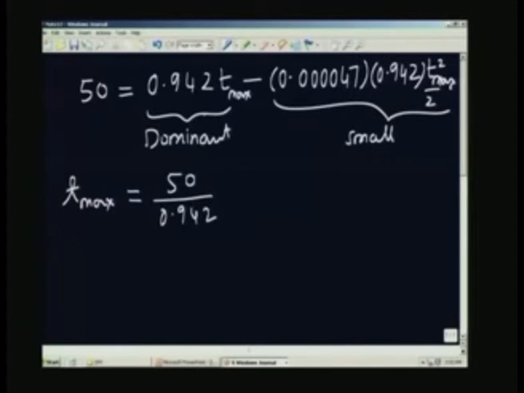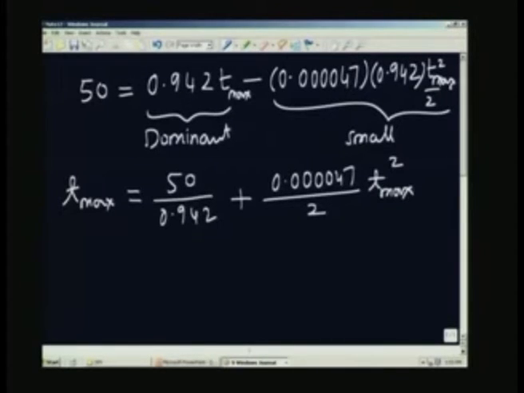So I am just retaining it here. I am dividing by this, I will send the other term to the other side, plus 0.000047 divided by 2 into t max squared. So I am just rewriting in this particular form.